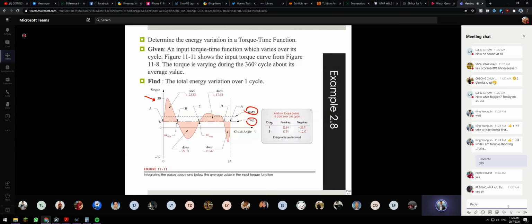If you look carefully, this is what we do in the calculation. We have a positive value here, then the negative value here, right? So that's why we can do the summation in order to find this average line. Where is the average?